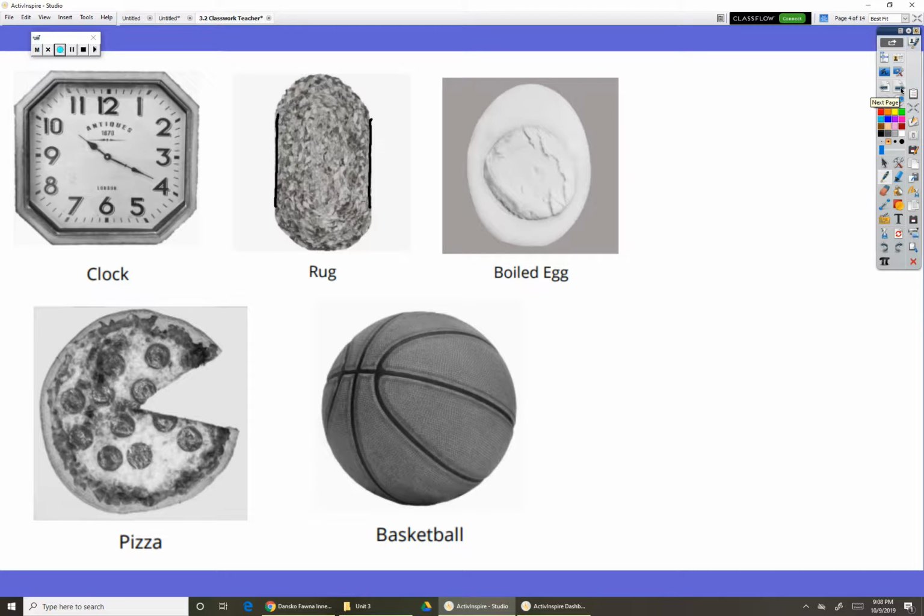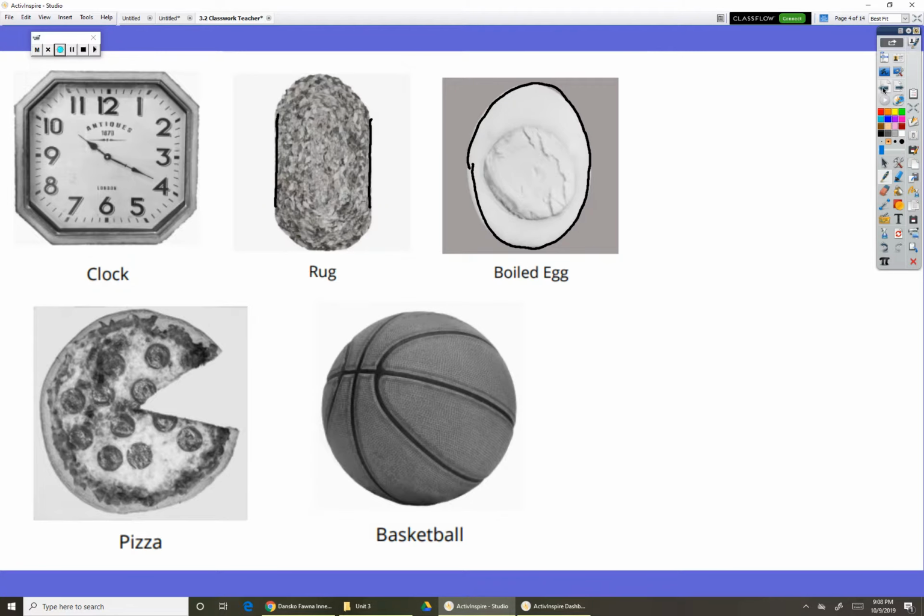Let's take a look at the boiled egg. So the boiled egg you might have put in your non-circular pile. Now the yolk part of the boiled egg actually is pretty circular. This part is pretty circular. But if you look at the outside of the egg, this is taller than it is wide. So it's not a circle.